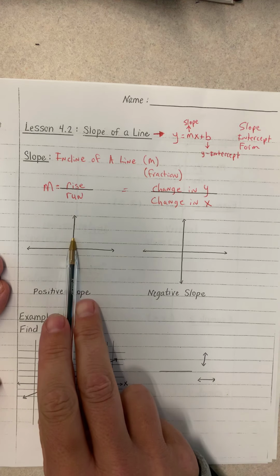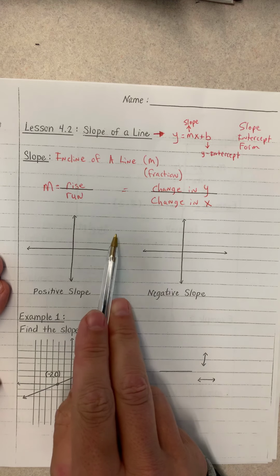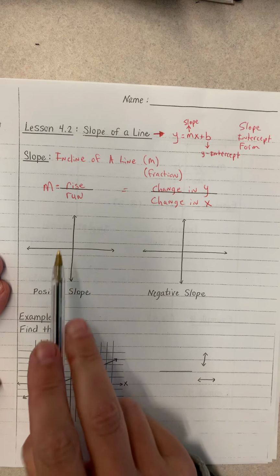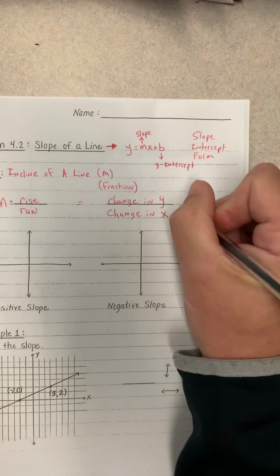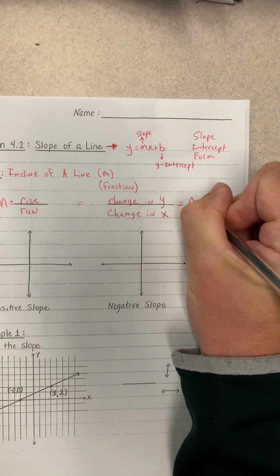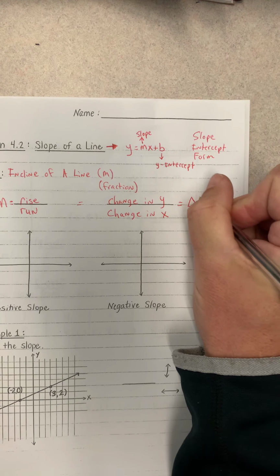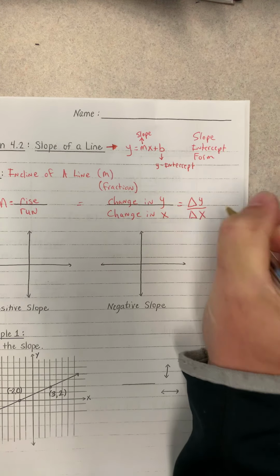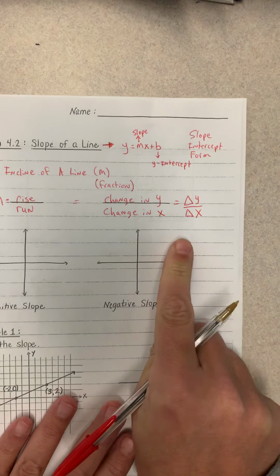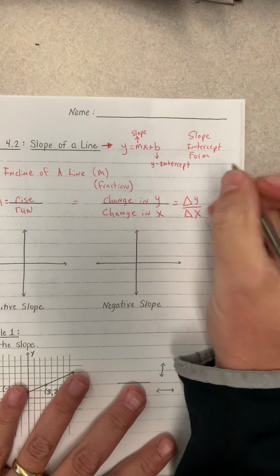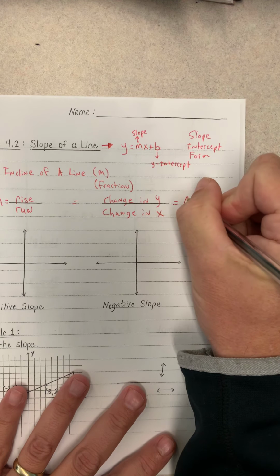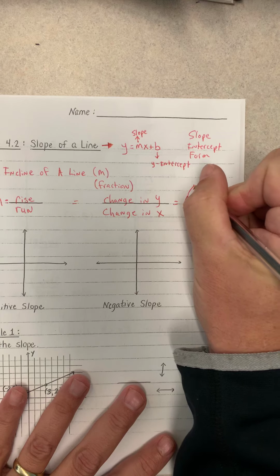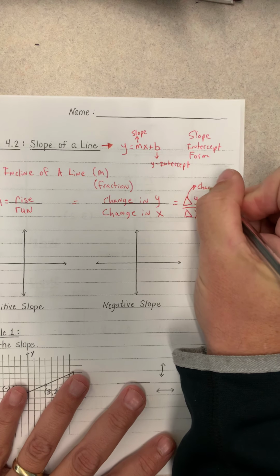Rise deals with y. It's my change in y over my change in x. I'm going to abbreviate this with a little triangle, and I'm going to write y, a little triangle, and I am going to write x. That little triangle is a Greek letter, delta, and it means change.